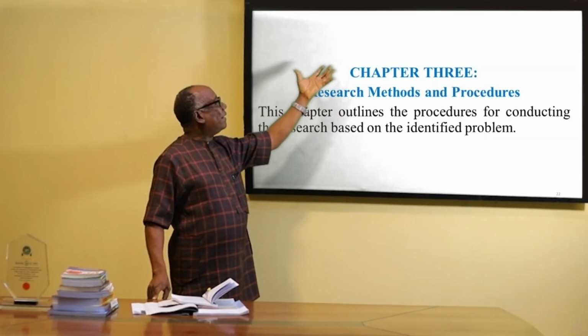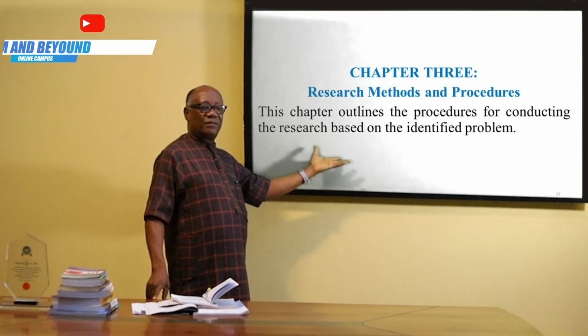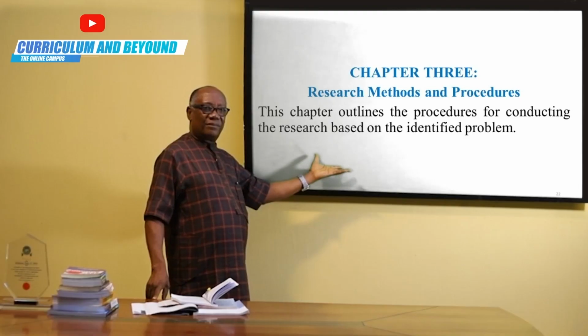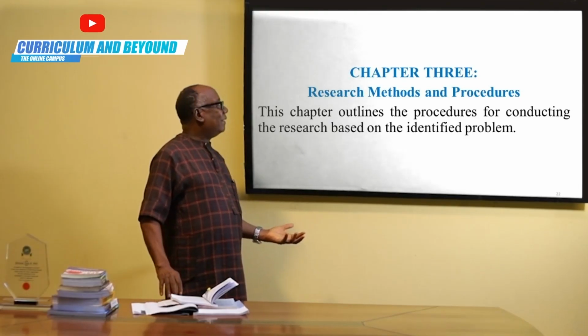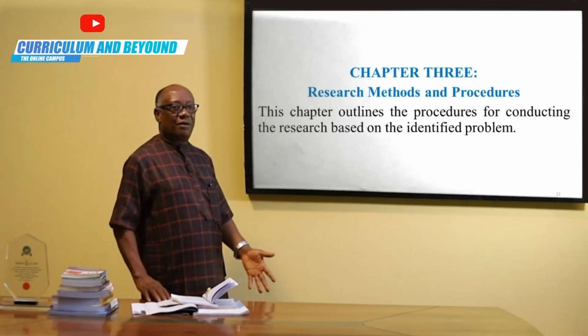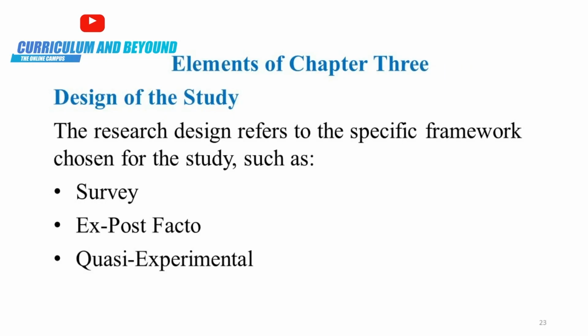Here you talk about the procedure you are going to follow in carrying out the problem that you have identified. Now, the chapter 3 is made up of the following elements. We are going to describe them one after the other.